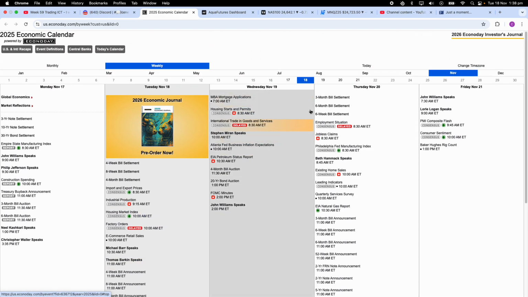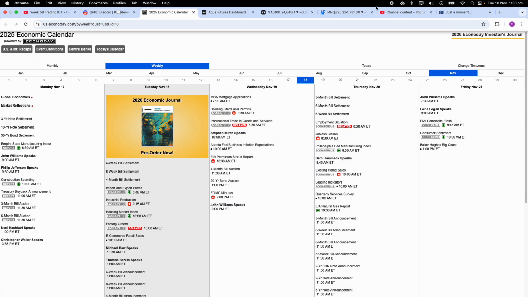So yeah, we do have NFP on. Where is it? So we literally had NFP. It's not showing. I'm pretty sure we've got NFP Thursday though.